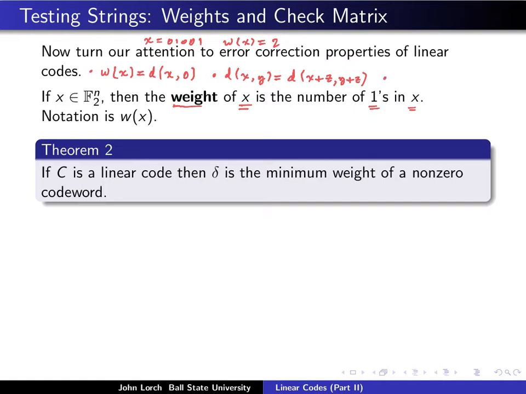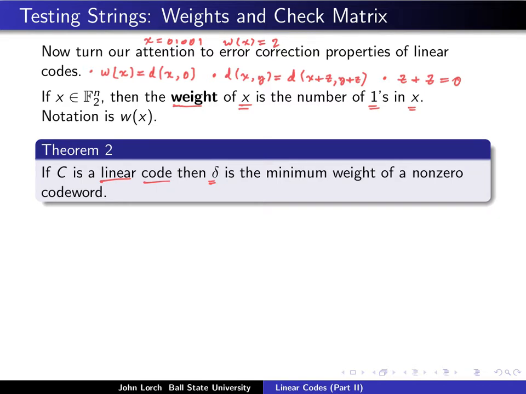And then finally, a little fact about addition in F2^n: if I take any string and add it to itself, I get the string of zeros. All right, so now to the theorem. The theorem tells us that if we have a linear code, then in order to measure delta, which is the minimum distance between two distinct code words, all we have to do is find the minimum weight of a non-zero code word.